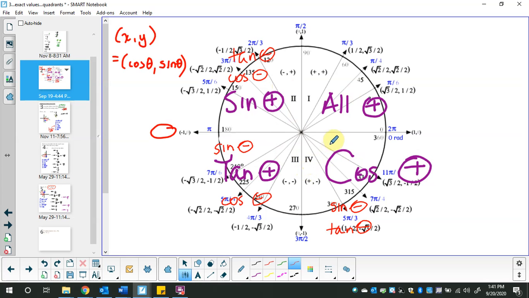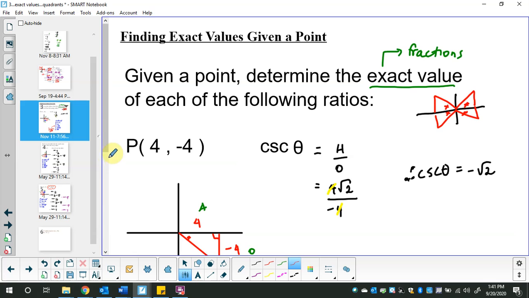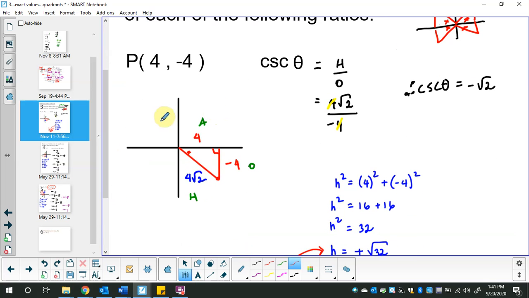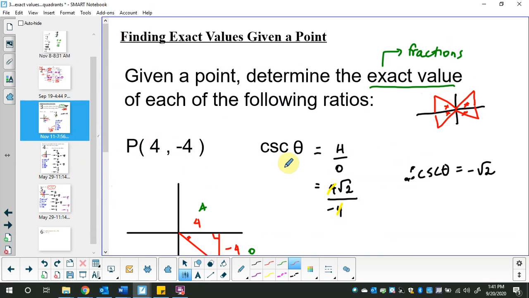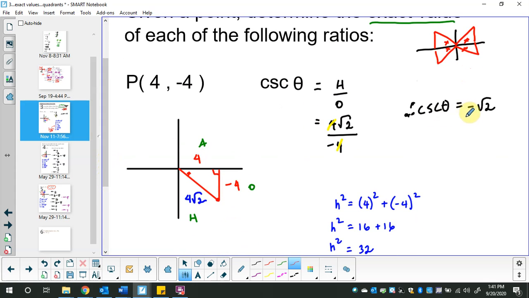The reason I want to draw your attention to this scribbling is if I am in quadrant 1, 2, 3, 4, that means cos and secant should be positive, but everything else is negative. So when I asked you to do this question, and I asked you for cosecant, which is linked to sine, it was no doubt that it was going to be negative.